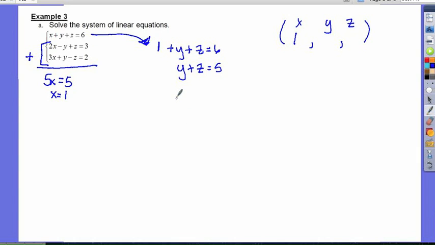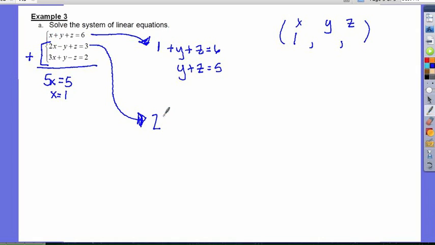Okay, I need another equation that I can put with this one so I can work with these two together and solve for y and z. So I need to go plug the 1 back into another one of these equations. And again, it doesn't matter which one. I'm just going to choose the second one. So let's take the second equation and go plug a 1 back in for x.